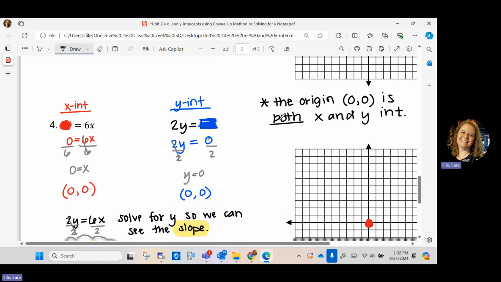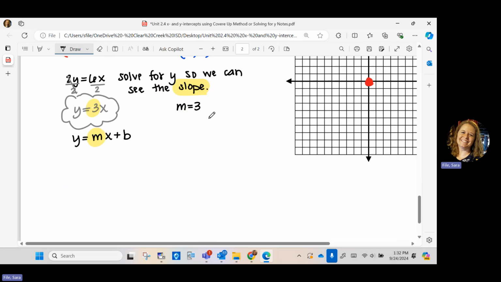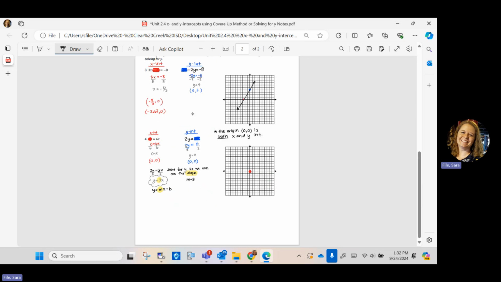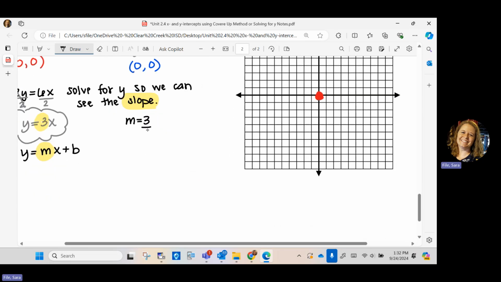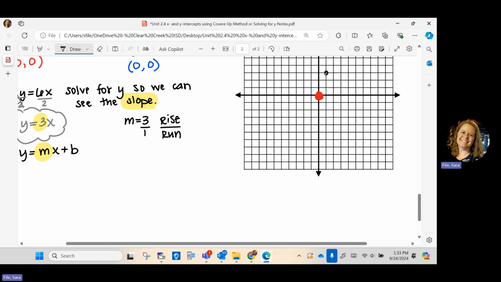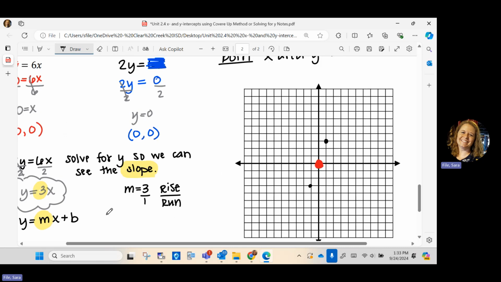Remember, it's rise over run. If it's no fraction, you can put it over 1 if you need to. From that point at the origin that we plotted, we could rise 3, run 1. Or we could go down 3, left 1. Once I found my slope, I could draw my line through that point.